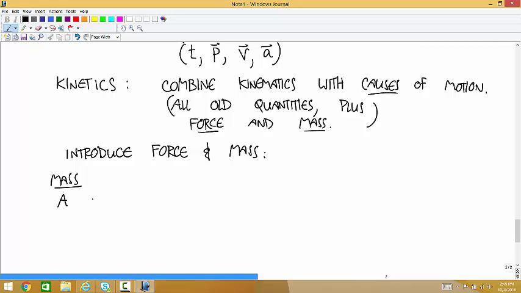Mass is a positive number that measures an object's resistance to being accelerated.